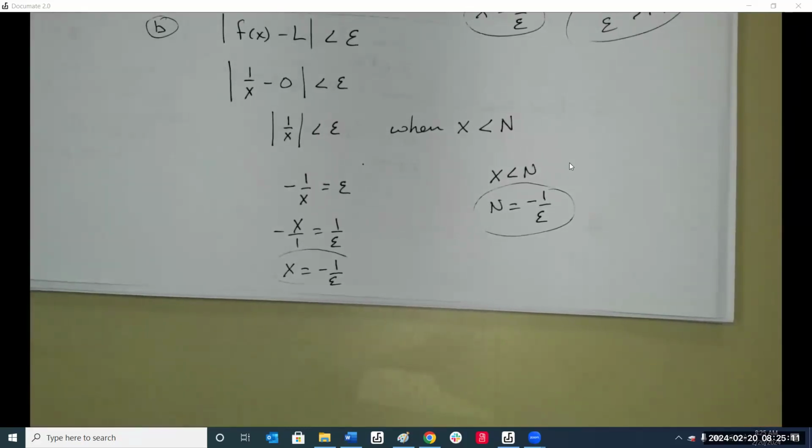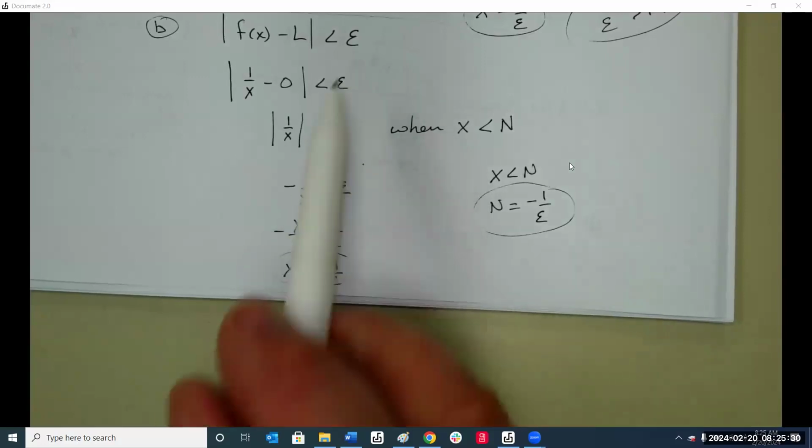Now, what are the implications? What does all this stuff really mean? How big is epsilon to begin with? It's pretty small, but it could be as small as you want it. It's how close they're getting.